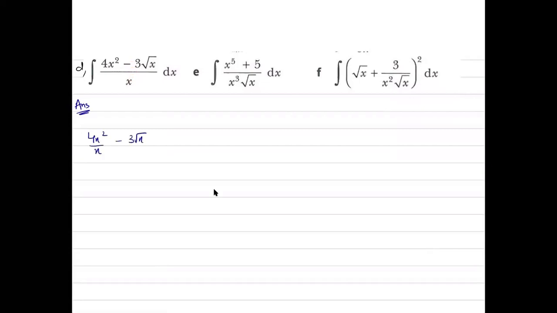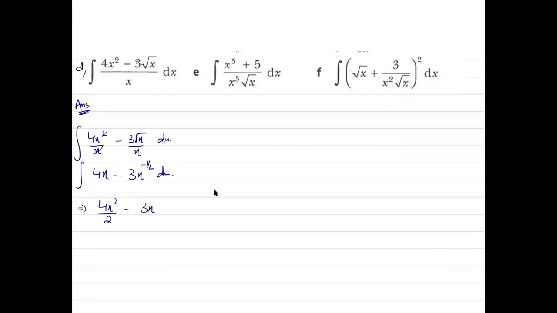Very good. 4x squared upon 2 minus 3x to the power of minus half plus 1, which is half, divided by half, plus c. Why are we adding plus c every time? Because it's an indefinite integral. Okay. 2x squared minus 6x to the power of half plus c.